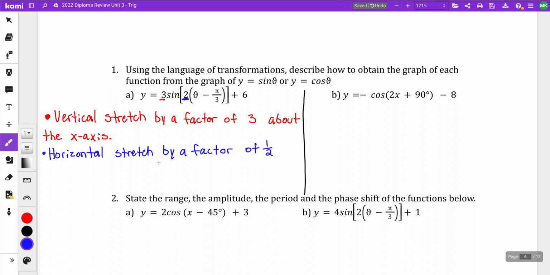Right, remember our horizontal stretch is reciprocated. All of our horizontal things are opposite of what you think they are, so the stretch is a reciprocal. About the y-axis. Remember, if I'm changing my x values, I'm getting away from my y-axis. Right? I'm stretching like this, so I'm moving away from my y-axis.